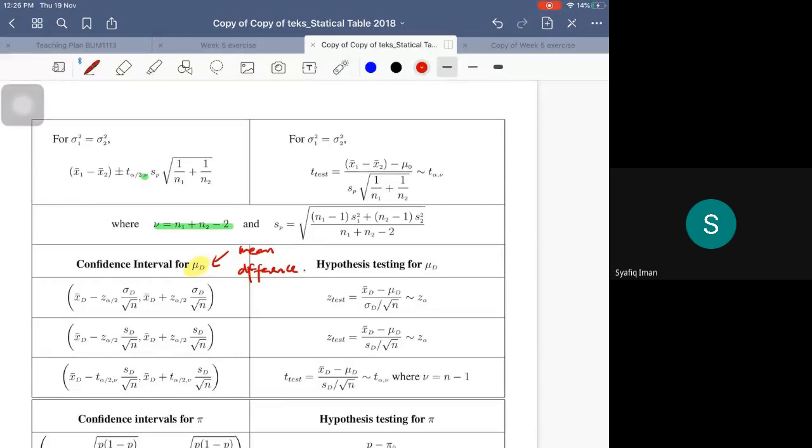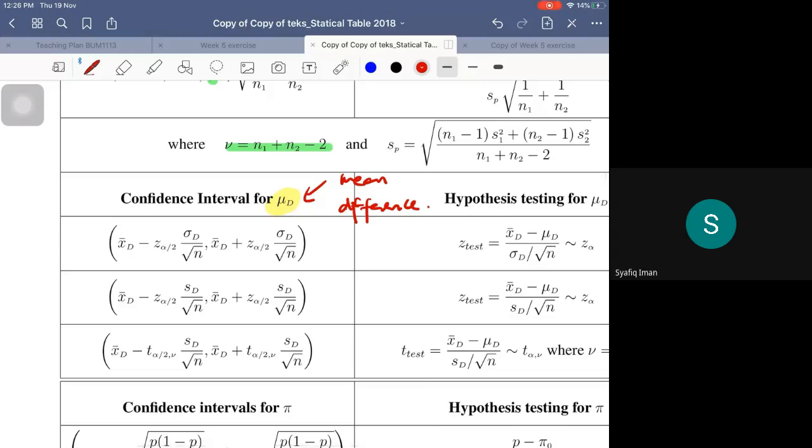Of course, we have to choose the formula, but the idea is pretty much the same as what we have seen in the previous lecture for the case of mean. I have three formulas, so I'm going to put this as number 1, number 2, and number 3. When do you use number 1? When the value of sigma difference is given, which is not for this case.